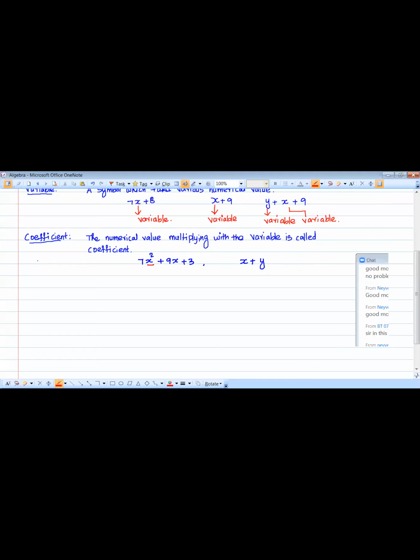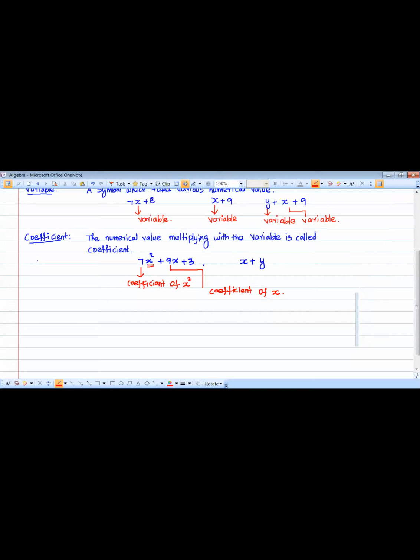This x square is a variable and this is a coefficient. So coefficient of what? x square. So what about this 9? Coefficient of x.